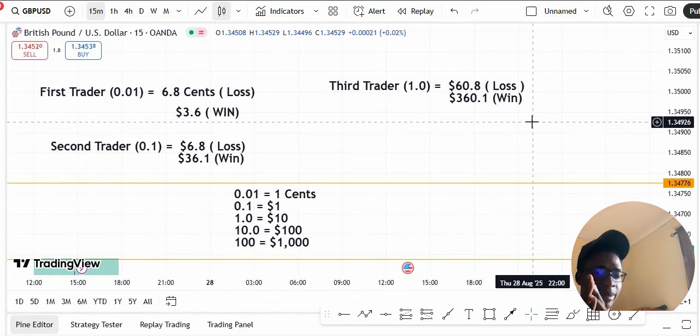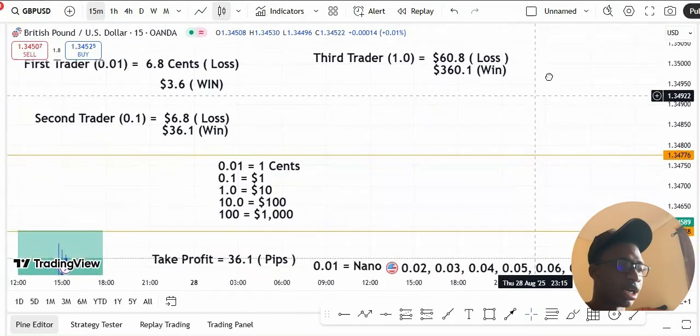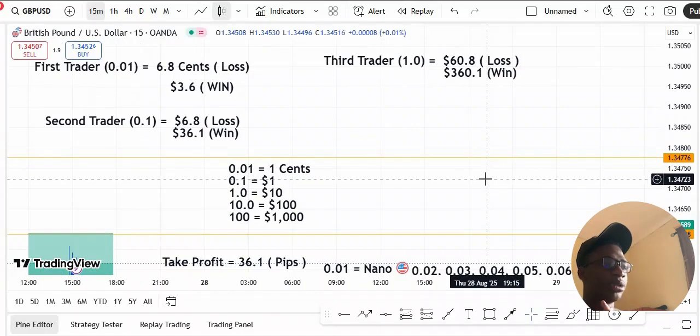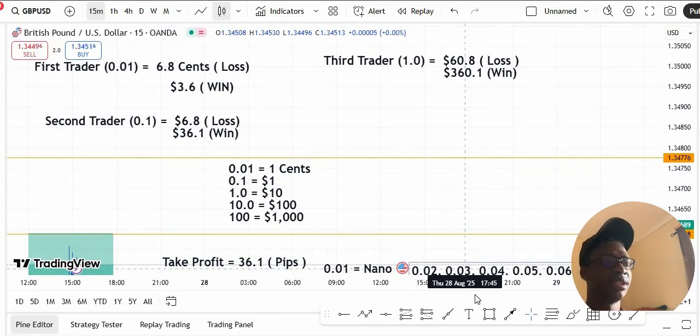They go into the market at the same time. They have the same take profit, the same stop loss, which is 36.1 pips for take profit and 6.8 pips for the stop loss. But one thing isn't common for all these three traders. It's going to be the lot size. You get what I mean?